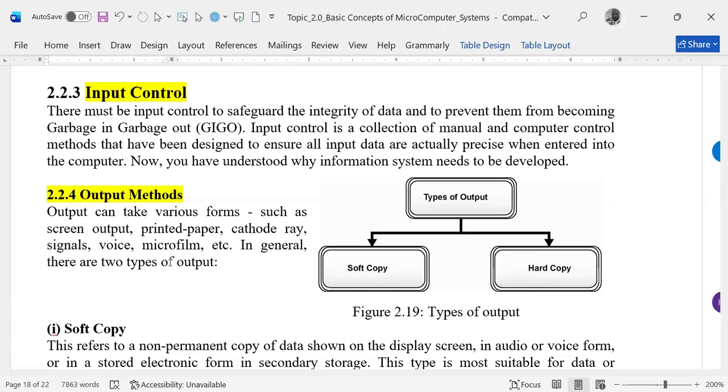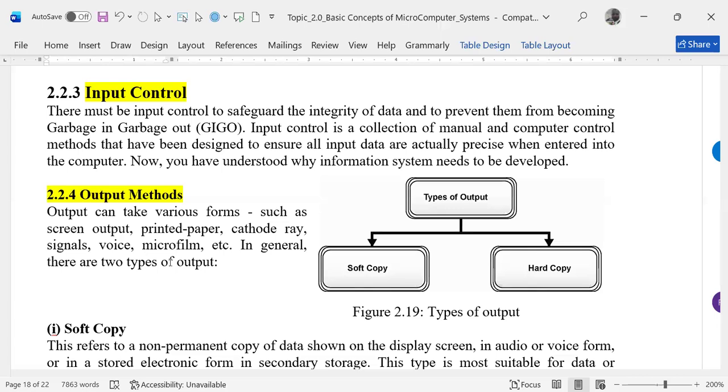So input controls are the validations and logics put in place to ensure that where we have age, the system accepts only numbers. Where we have amount, it accepts only numbers or figures, to avoid wrong capturing of data. That is the input control.